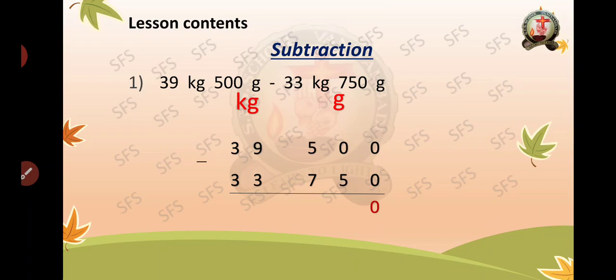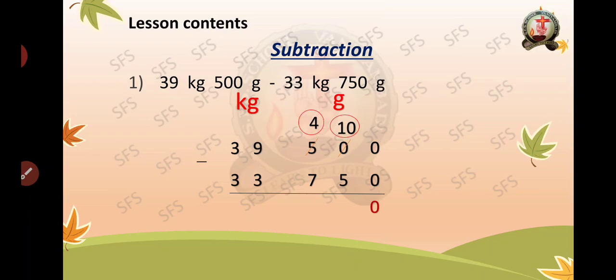The neighbor gives you one, so the 5 will become 4 now, and this 0 will become 10. Is it clear?